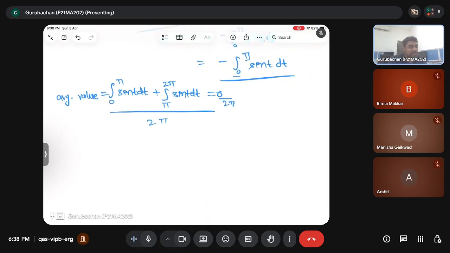So the next one is based on the min-max inequality of a function. Let me write that question.